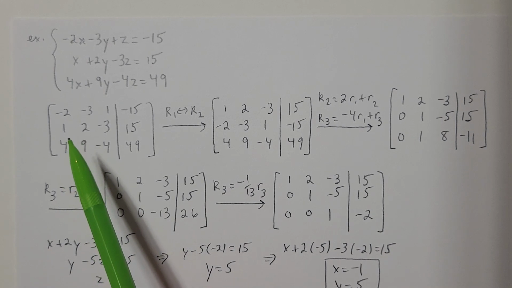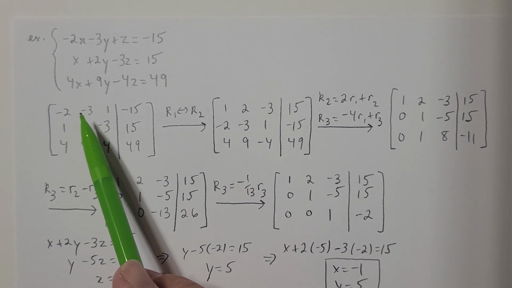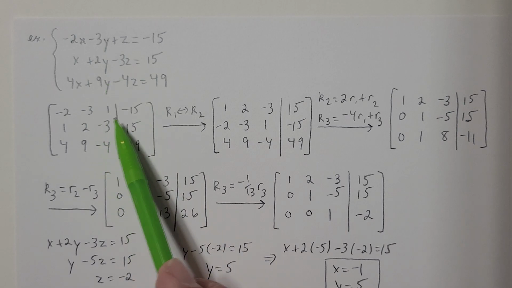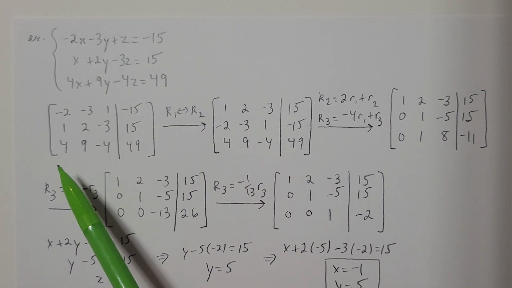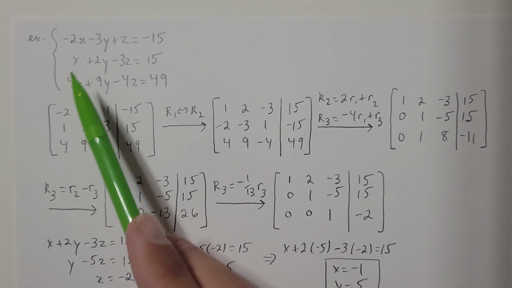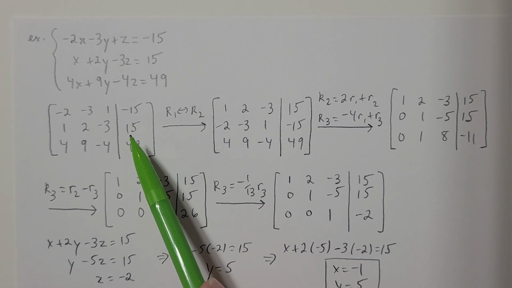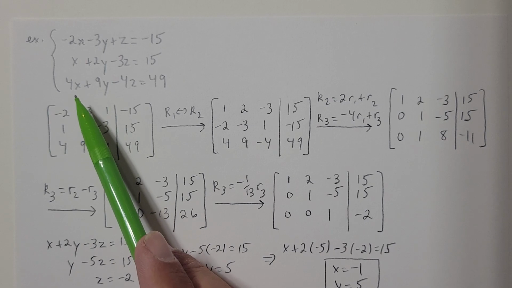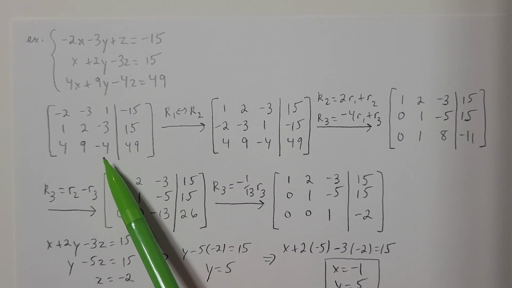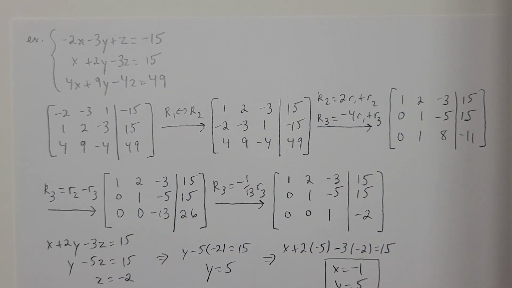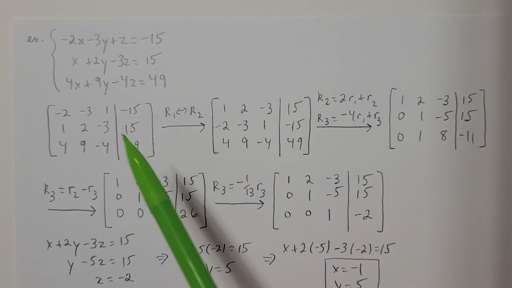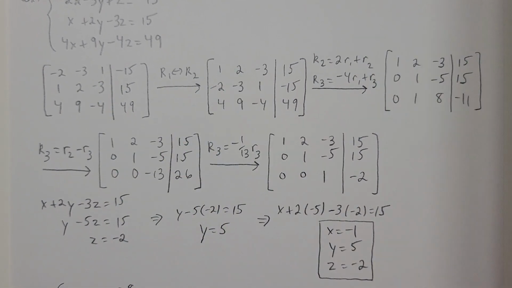The top row is negative 2, negative 3, 1, and negative 15. Row 2 is 1, 2, negative 3, and 15. Row 3 is 4, 9, negative 4, and 49. So there's the matrix that we're working with.